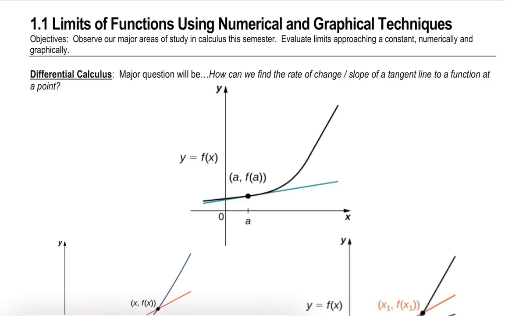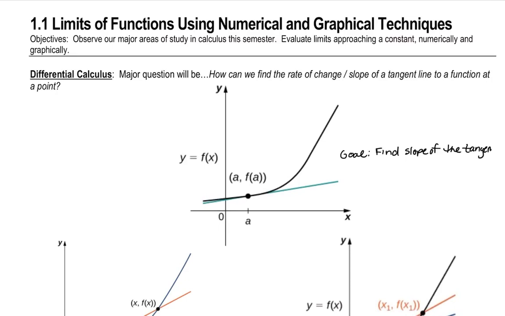So when we start off looking at this first function here, whatever that function might be, if my point of tangency is at x equals a, then the goal is to find the slope of this tangent line.